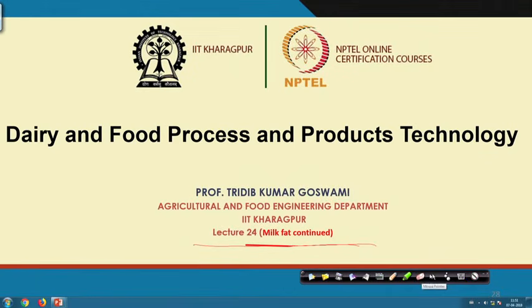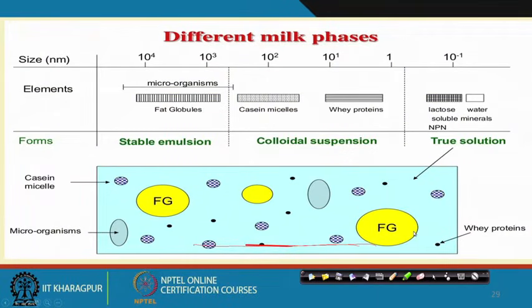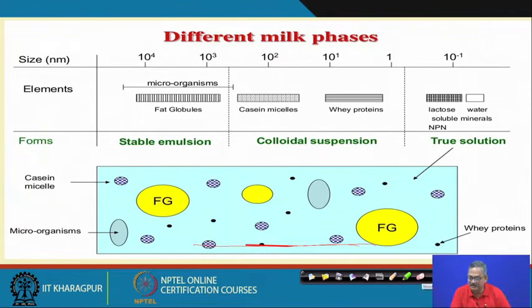Now, let us look into another thing, very important and very interesting. This of course, I have taken from some source, maybe from the net. I forgot to write that reference here, it should have been. Here you see that milk contains different phases.